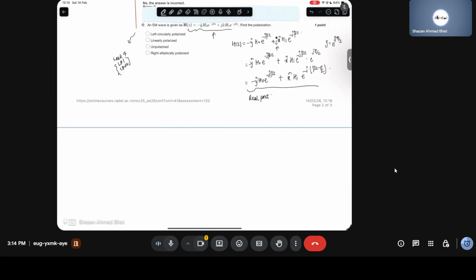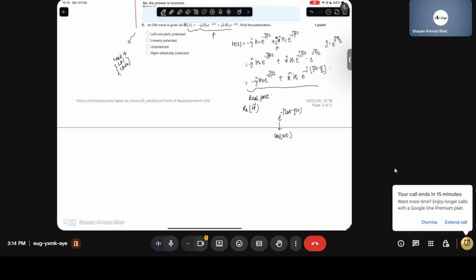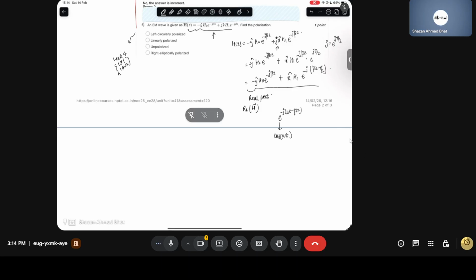So you will basically write it as real part of magnetic field. And when you write a real part of magnetic field, you know that it will be in terms of the cosine component, because e to the power minus j omega t minus beta z will have the real part as cos of omega t only. Okay, so it'll be the real part of it, and the imaginary part is in terms of the sine, but we need to see how it goes here.